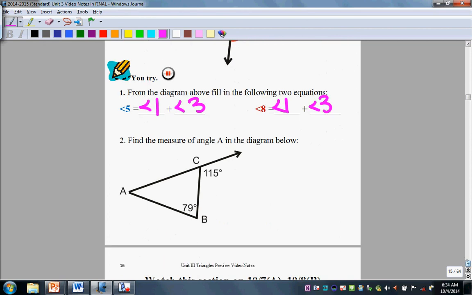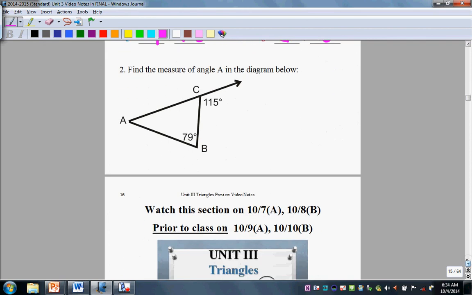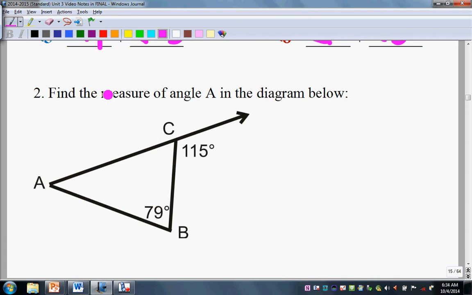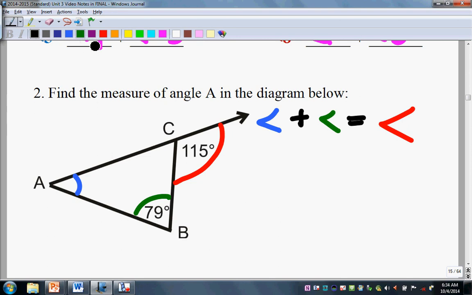Yet a last problem, you were to find all the measures in the diagram. So we know that this exterior angle equals the sum of the remote interior angles. So I'm going to do this. 115 is over here.